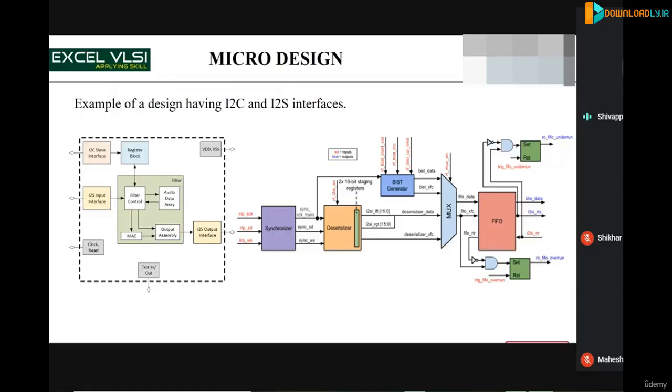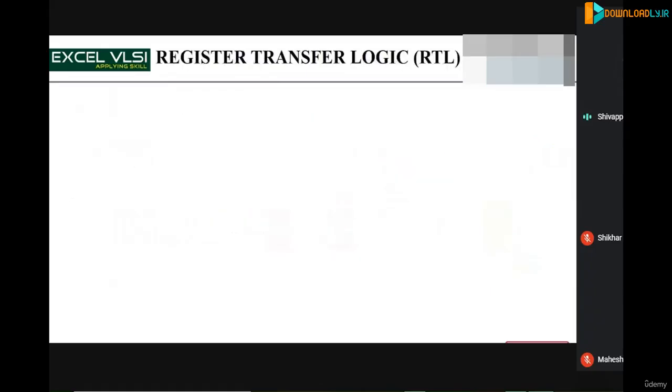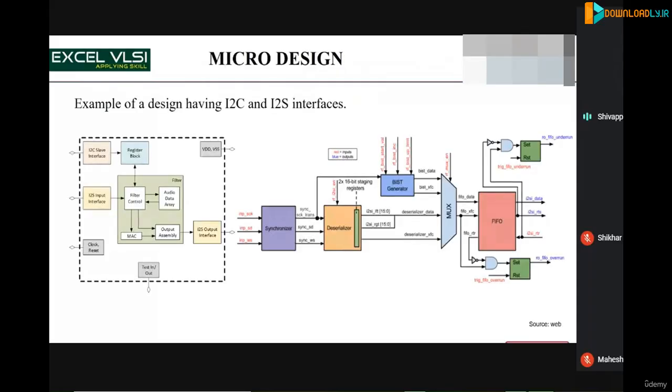Using those you build, and then the next step is to take the help of Verilog or VHDL to write RTL. What is RTL? It is register transfer logic. Okay, what you are trying to do, in the previous diagram, is take the data, and then from this block to this block you are transferring, right?